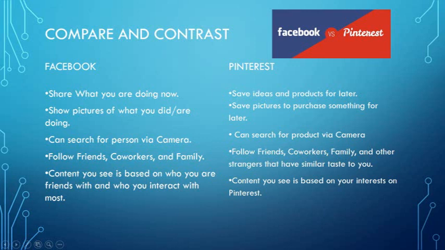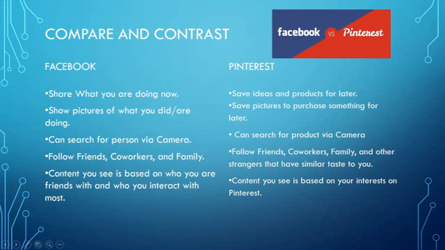You follow friends, coworkers, and family on Facebook. You're trying to see what they're doing. But you can still follow your friends, coworkers, and family on Pinterest, but you're really looking for strangers that have similar tastes to you. You're looking for somebody who likes what you like so you can draw ideas from them.